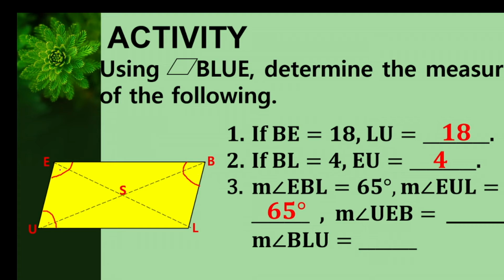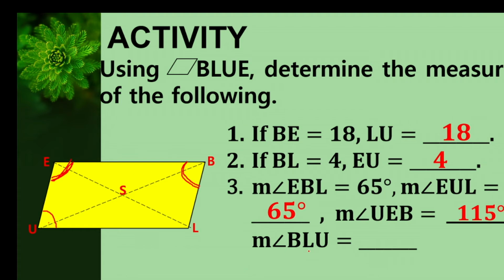So meaning, the two angles, angle UEB and angle EBL, must add up to 180 degrees. We just need to subtract the measure of angle EBL, which is 65 degrees, from 180 in order for us to determine the measure of this angle. So 180 minus 65, we have 115 degrees.